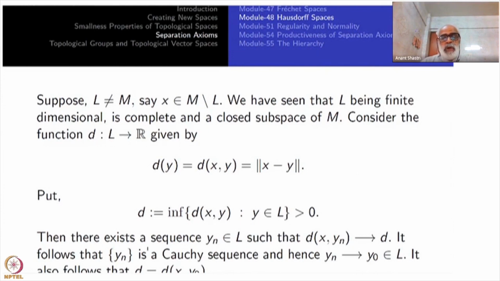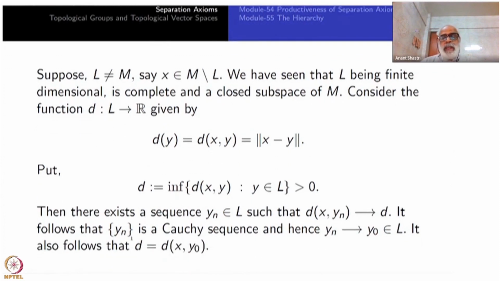It follows that yn is a Cauchy sequence. But the yn are inside L, which is complete. So yn converges to some y0 belonging to L.